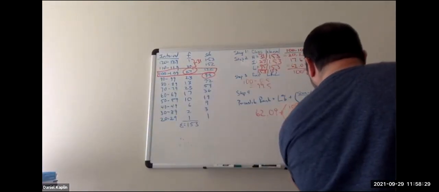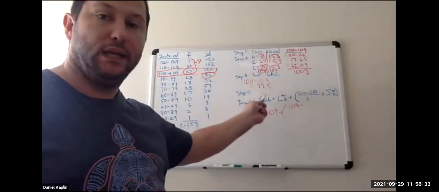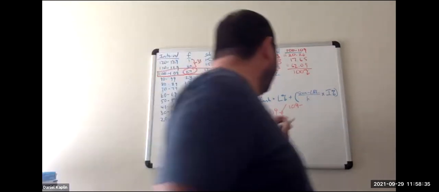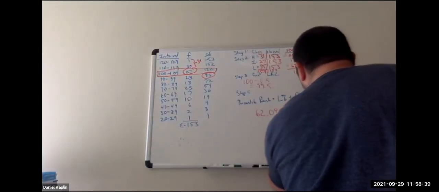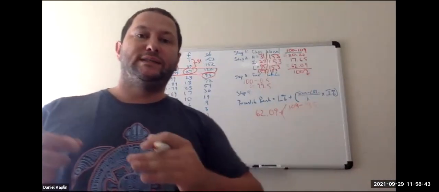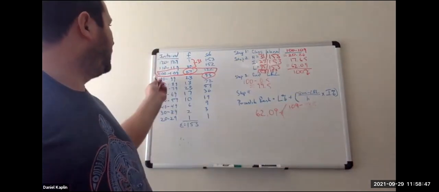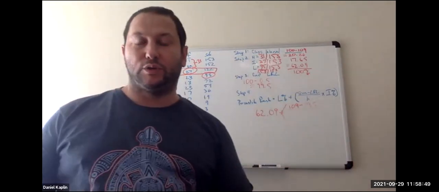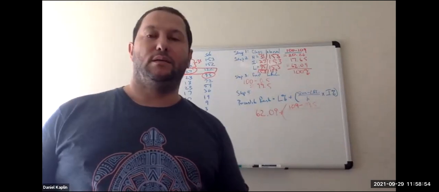109 minus the lower real limit, which I've calculated to be 99.5, divided by the height. Now you may remember the height was the width of scores. So when we look at the number of scores between 100 to 109, what would the height be?